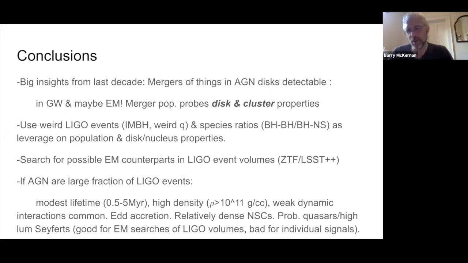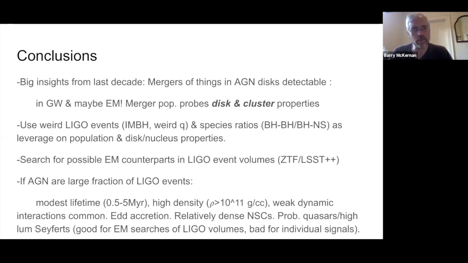It's weird though. And so I don't think we have a good self-consistent picture of how you can generate something of that luminosity in a black hole merger.